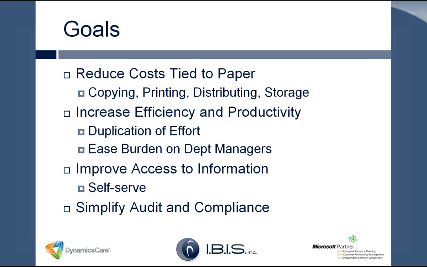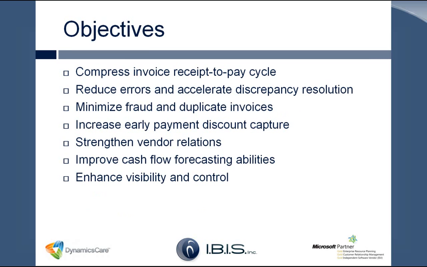If we drill a little deeper, or perhaps a little broader, here's some other areas that you may want to consider as it relates to objectives. The ability to compress your invoice receipt to pay cycle. So we sometimes see weeks or even months for an invoice to go through a manual process. So you can actually compress that into days.